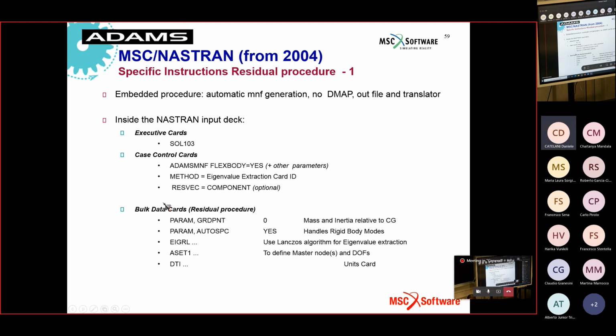When you ask for an analysis for Adams, you have to remember to define the node called interface node, and the card to assign the master node, interface node, is called ASET1, and you can use a Lanczos method for evaluating dynamic modes. In this card, you ask how many dynamic modes you want to get.